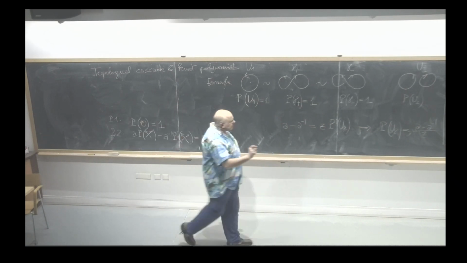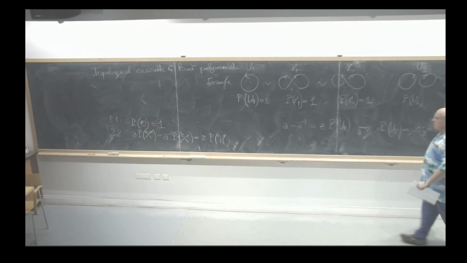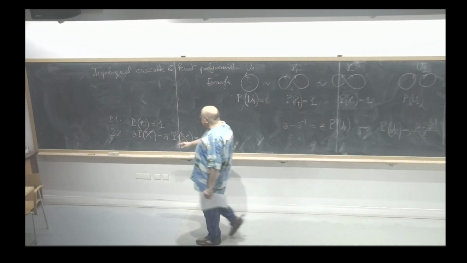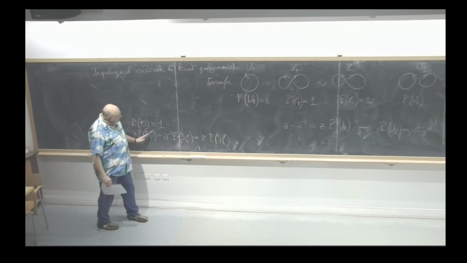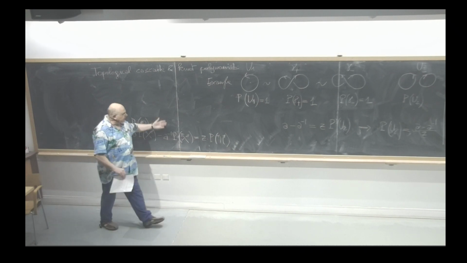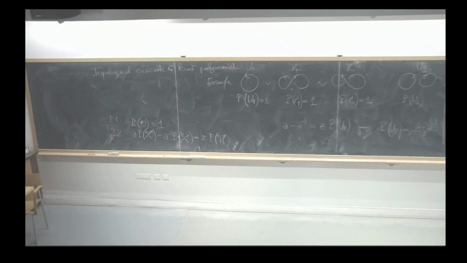So I distinguish a crossing and apply the second relation. There are many ways to read this equation, because I can start from this and say this is equal to the rest. All the time I just swap the crossing and smooth the crossing, two operations, and I get two different configurations, one of this type and one of this type.